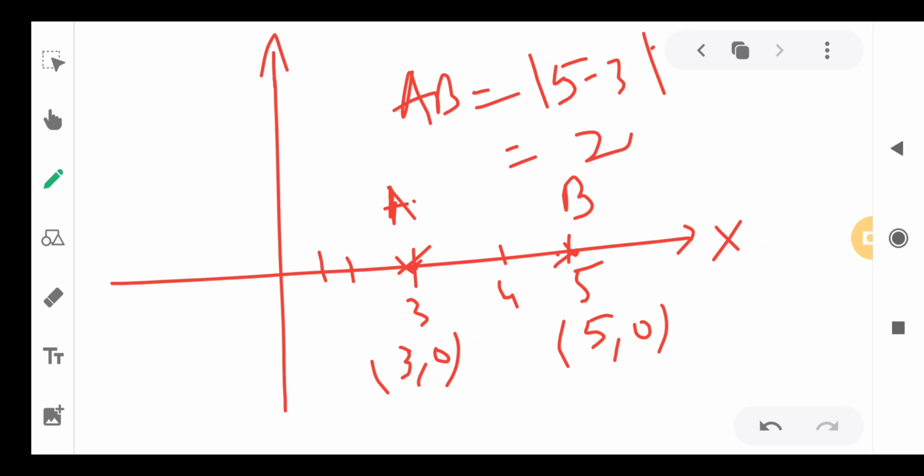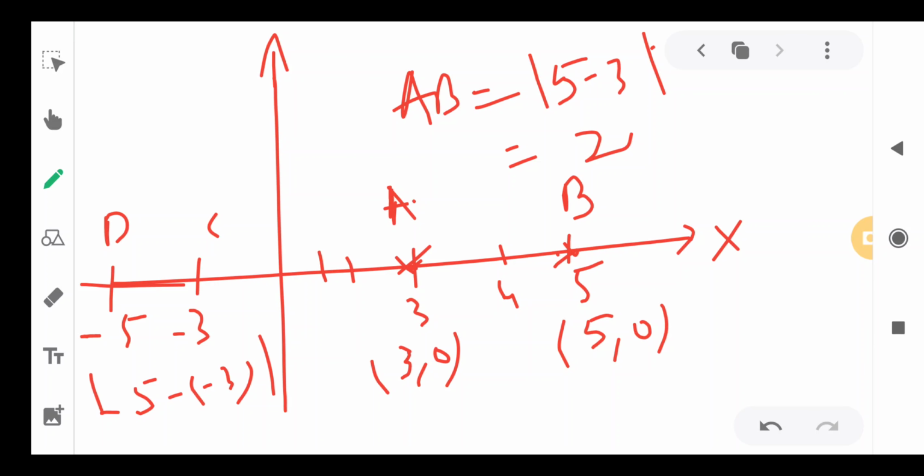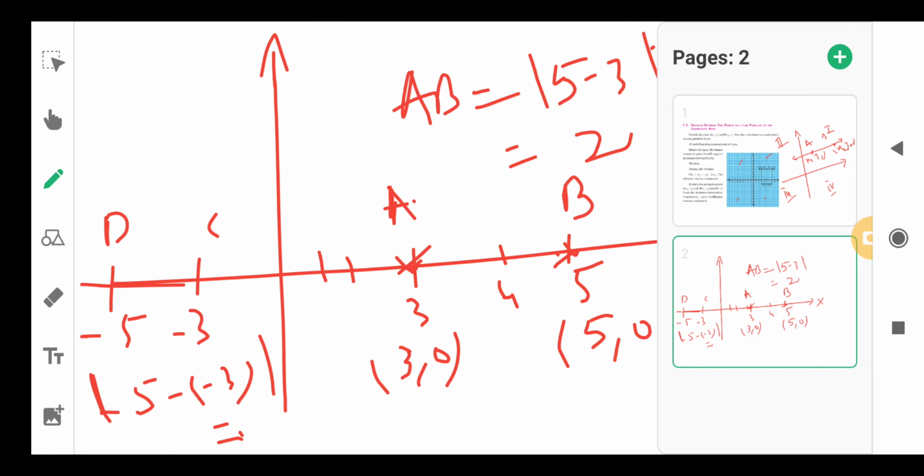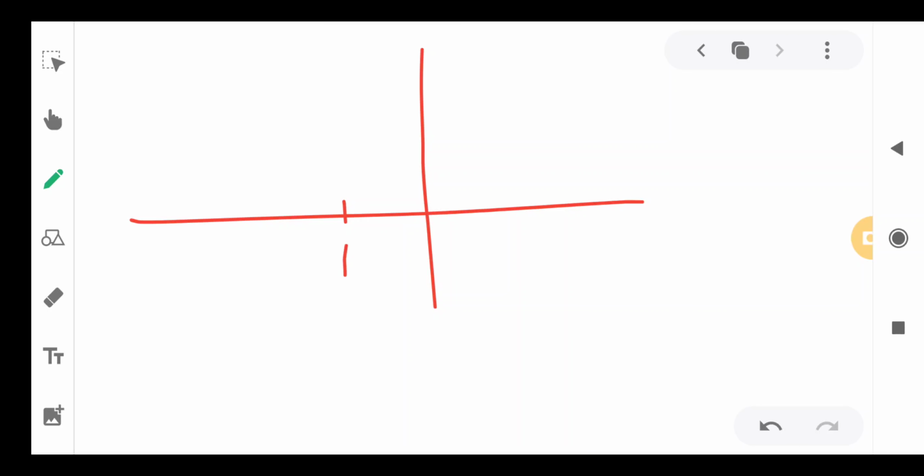Why? Because on the same thing on this side, it is minus 3 and minus 5. These points are C and D. What will the distance CD be? Suppose here it is C and here it is D, this is minus 3, this is minus 5.